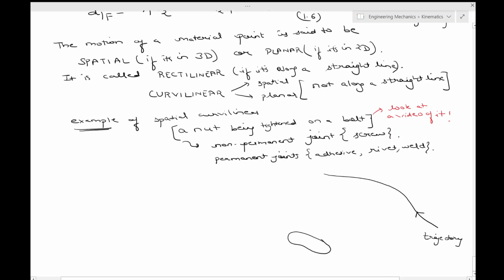Let's draw it with respect to O. Let's say we have this point P over here, and that's S. S is the trajectory. It has now moved to this point.